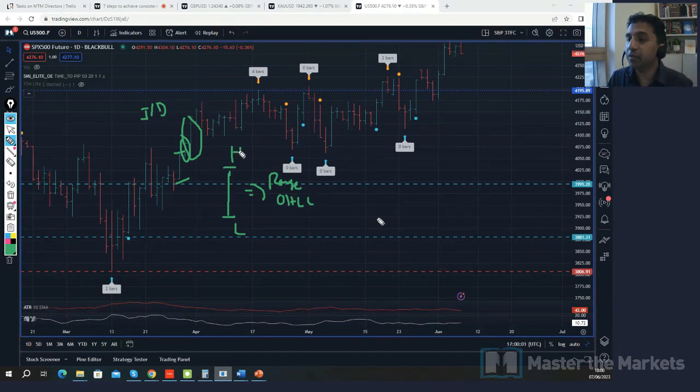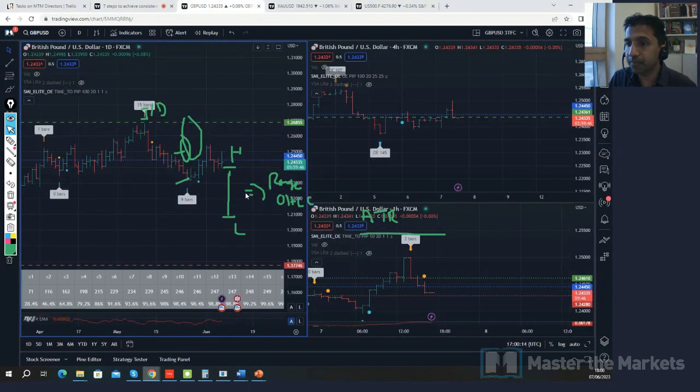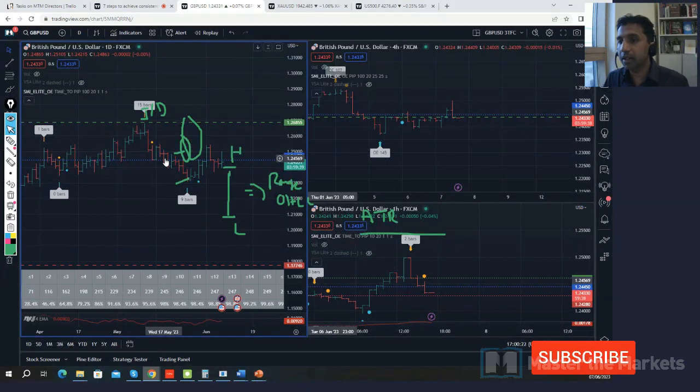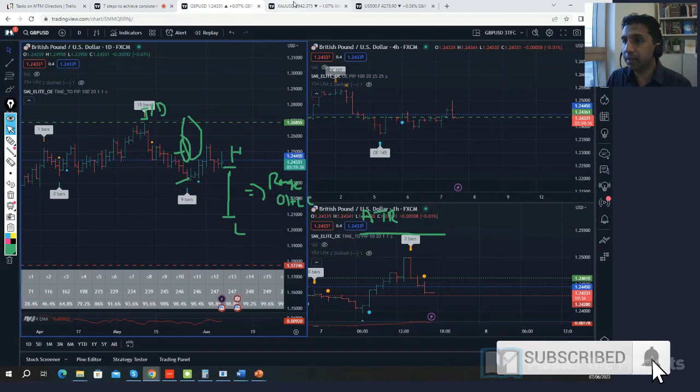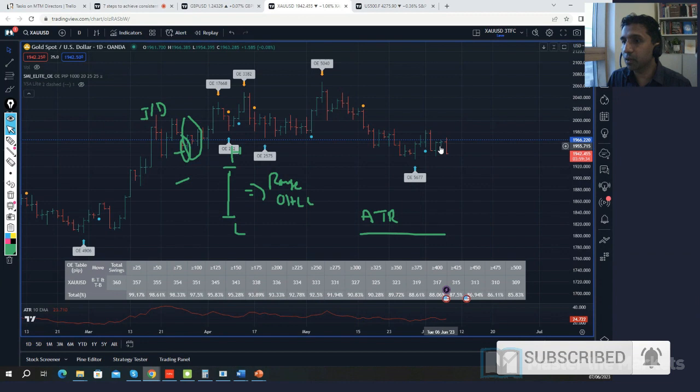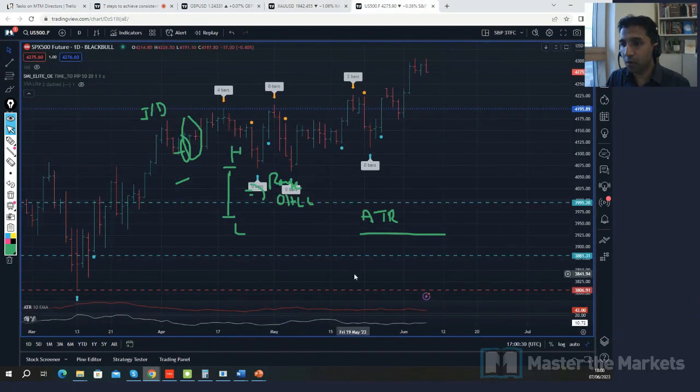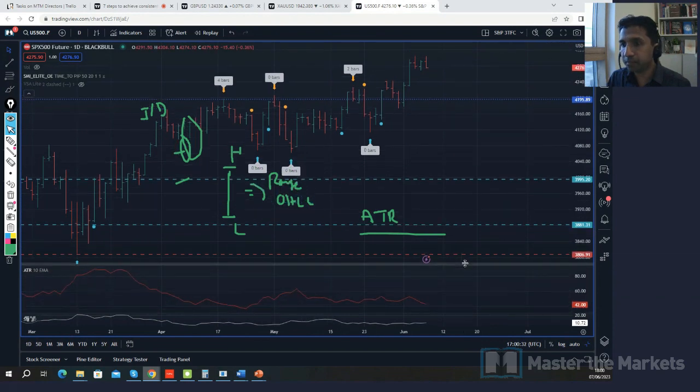And if you were to average that range out, that's how we get the average true range per day. For example, over here on the S&P, if I look from yesterday onwards, let me just put the ATR over here. You can see the ATR is telling me that it's about 90 or 91 or so. On gold over here it is 23.71 and so forth.